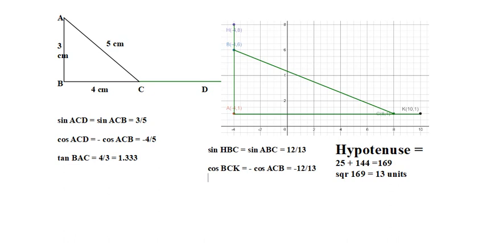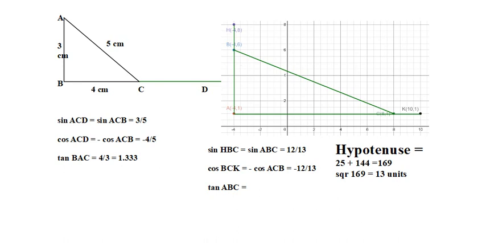And then last, what happens if the question is asking about tangent of ABC? Okay, tangent of ABC will be on this side, this vertex. And remember, you can have the tangent of an angle by dividing the opposite over the adjacent.